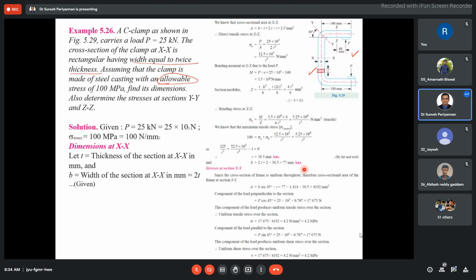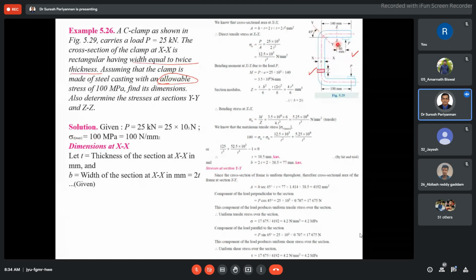Okay, now the stresses at the section YY. The first portion of the problem we have completed. Once we know that, then only are we able to find how much force and how much stress are acting on this section. What is the area of the cross section? This is at 45 degrees.